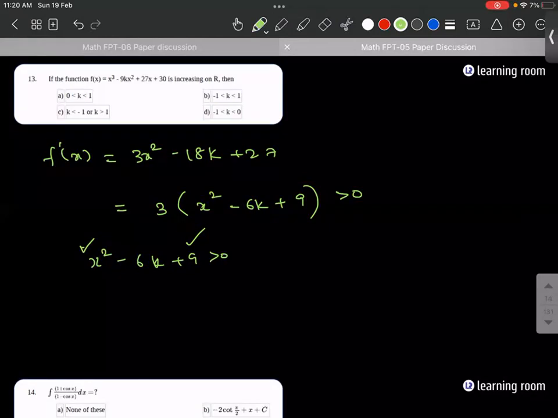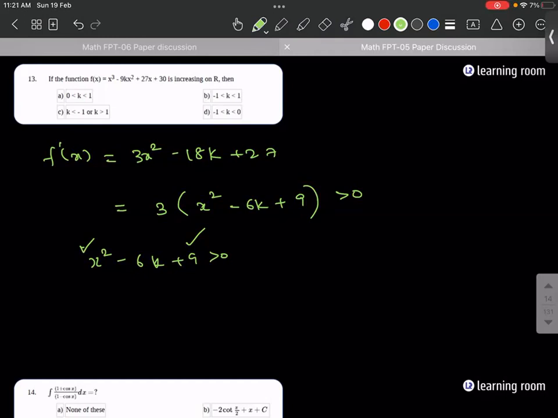Sir, I have a doubt, sir. They just said it's increasing on R, but they've not mentioned strictly increasing. So equal to is also allowed. Is that what you're saying? Yes, sir. That doesn't make any difference, because they're asking me the value of k here.